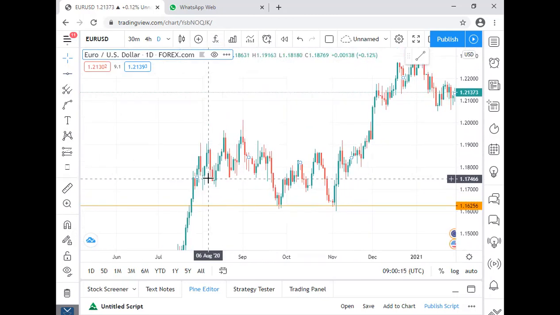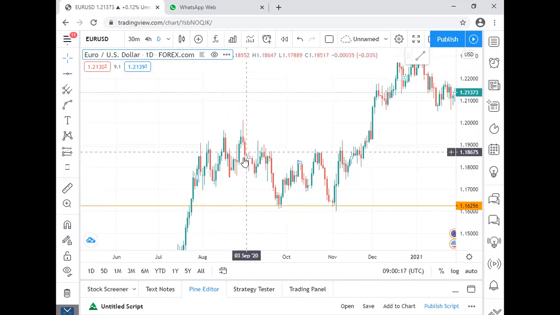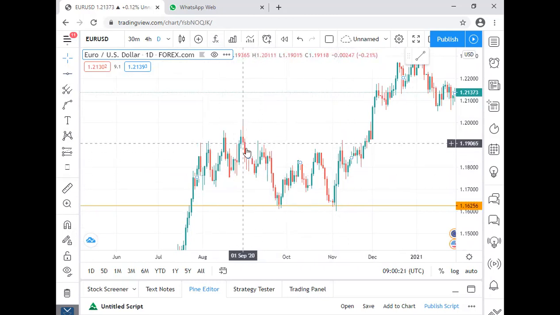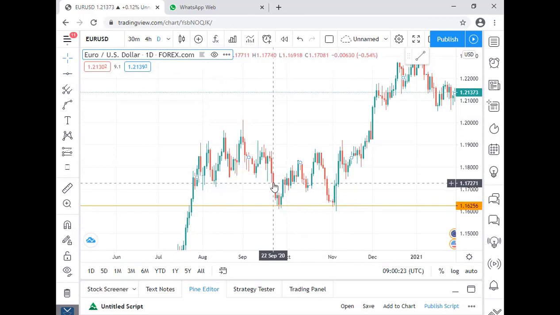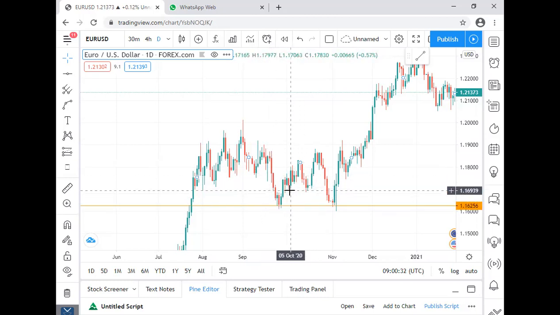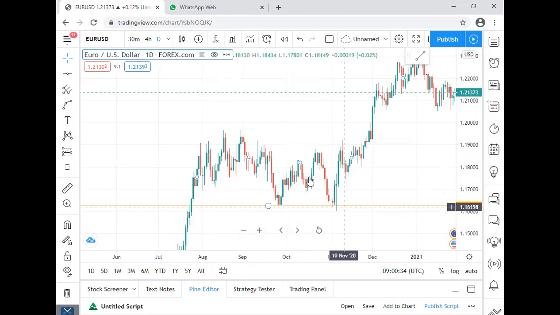Whenever price gets here, price will go back up. Oversold regions mean that there are so many sellers here, and when price gets to this place, price shoots back up every time. So this region is an oversold region.